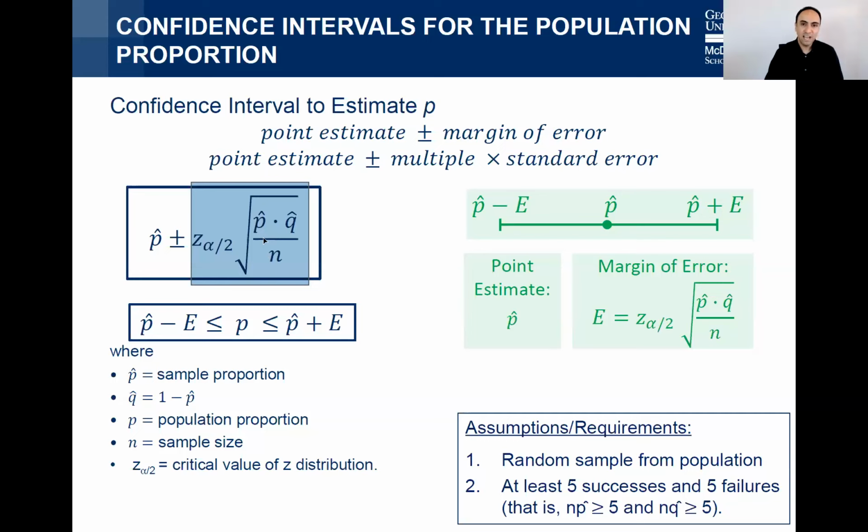We have at least 5 people voting for candidate A and at least 5 people voting for candidate B. That's just to make sure we have enough representatives from each of them. So how do we check that? If you have the sample size and you have the p hat, if you just multiply them, each of them should be greater than or equal to 5.